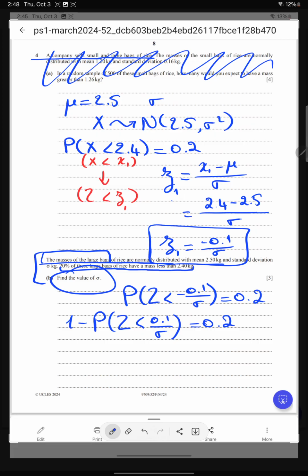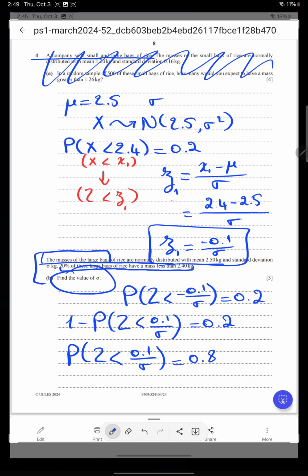And you can see this formula in the list MF19 that we'll be using soon. So we deduce that P of Z less than 0.1 over sigma is equal to 0.8.